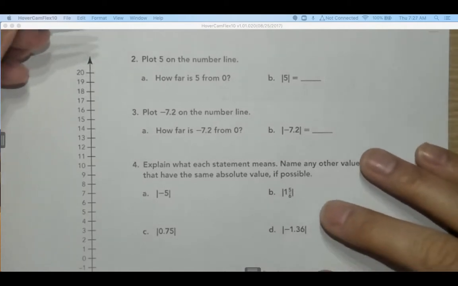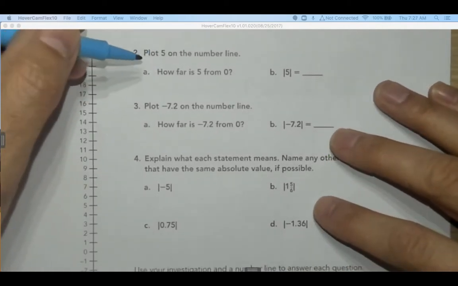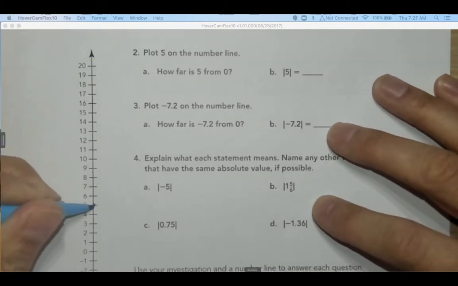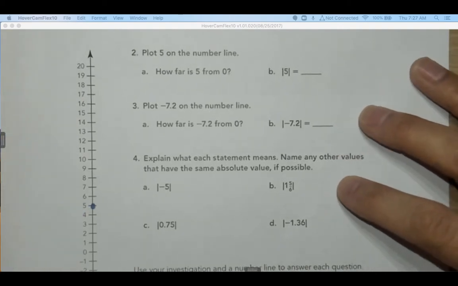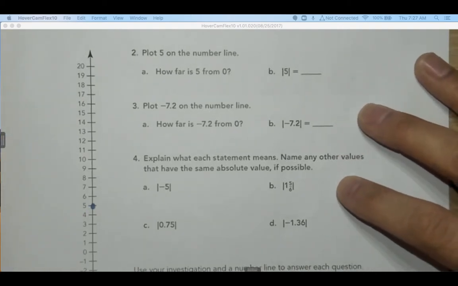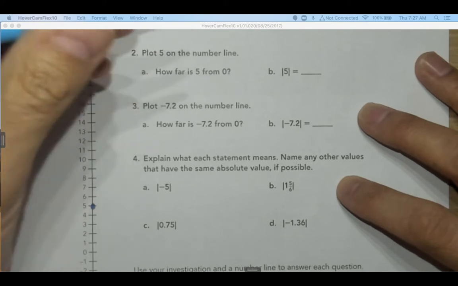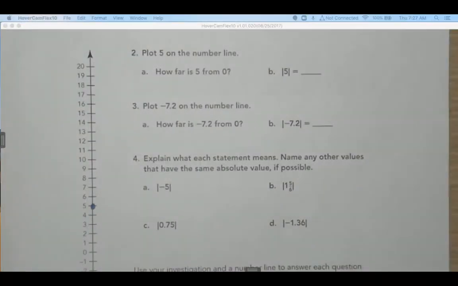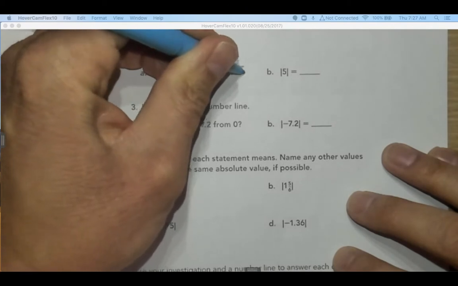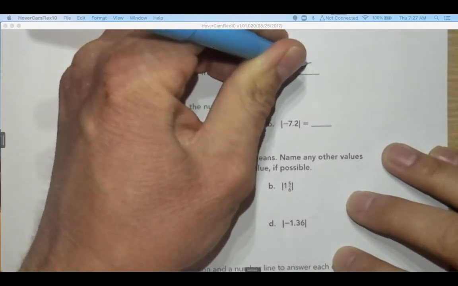All right, number 2, plot 5 on the number line. So 5 on the number line right there. How far is 5 from 0? It is 5 away from 0. The absolute value of 5 is 5.